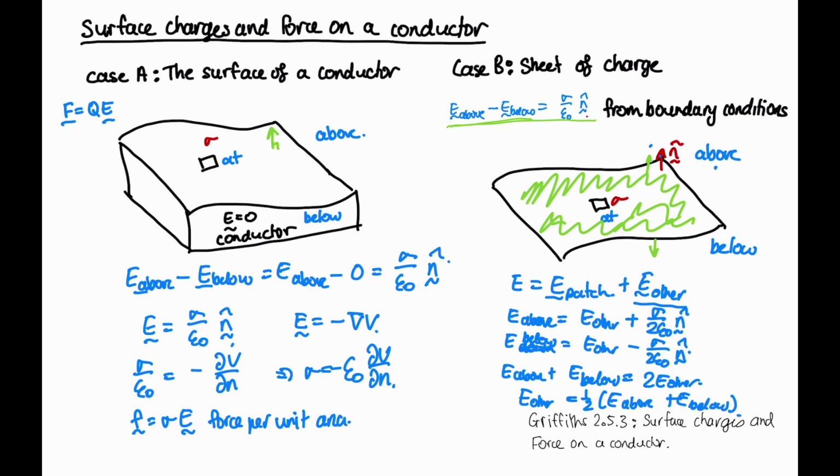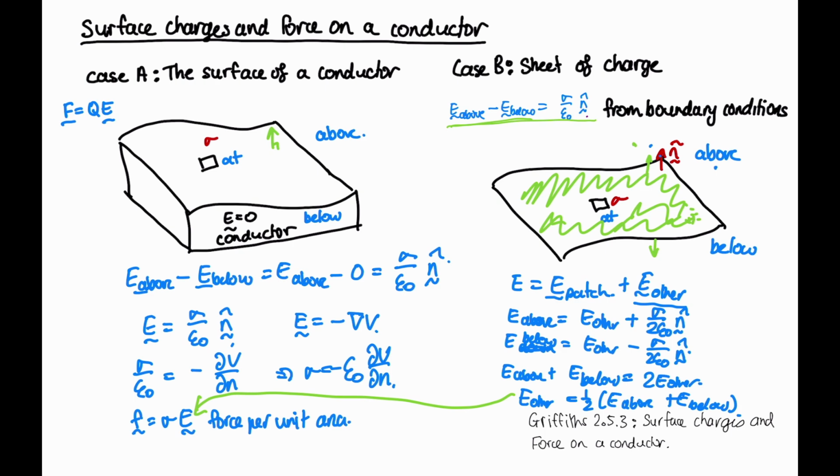So this is telling us that the other electric field, so the external and any contributions from the rest of the sheet, is equal to the average of the electric field above and below, which was what we were trying to get to. So this one here is that other E, so the average E.